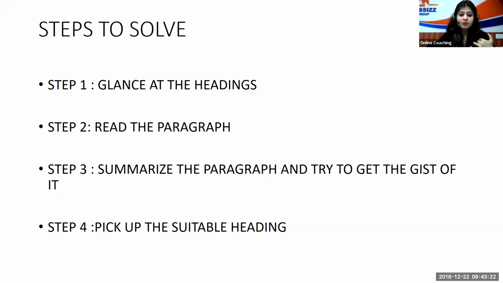Just glance. Second thing you're supposed to do is take a look at the paragraph, read the paragraph, try to get a summary of it. Once you get the summary of it, I really want you to understand this. I really want you to take a note of this. Predict the heading, then go back to the list of headings and pick one heading.